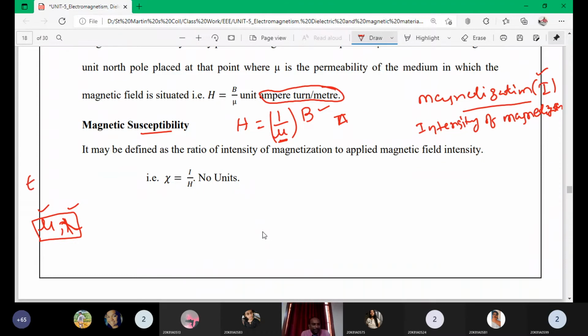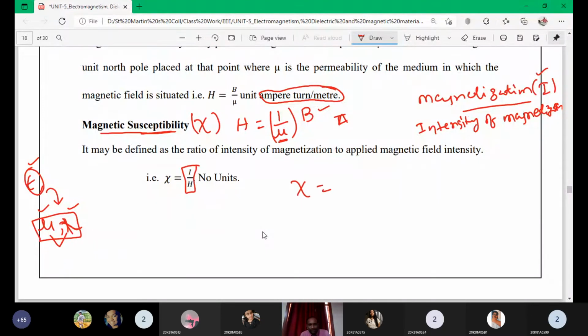Like dielectric constant, which we have studied, here also some constants are there. Depending on these values, we can estimate which type of magnetic material it is. Magnetic susceptibility is given by chi. It is the ratio of magnetization to magnetic field intensity.